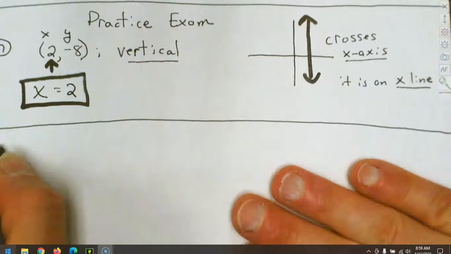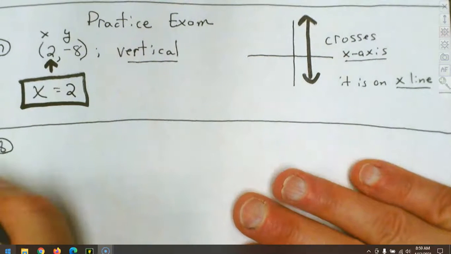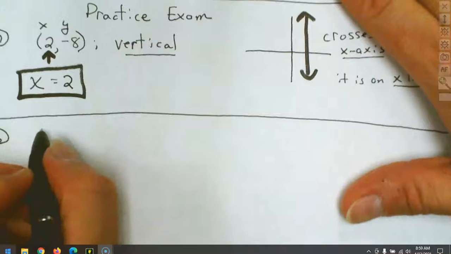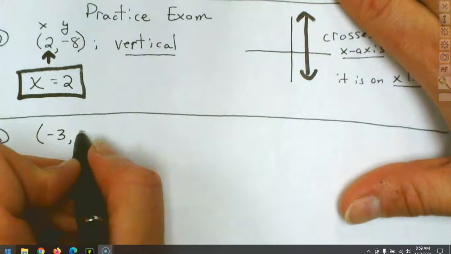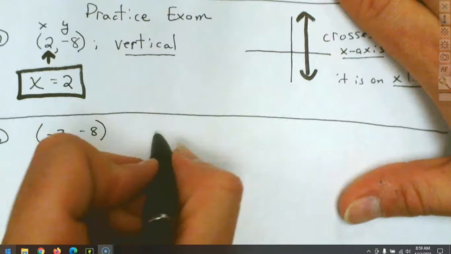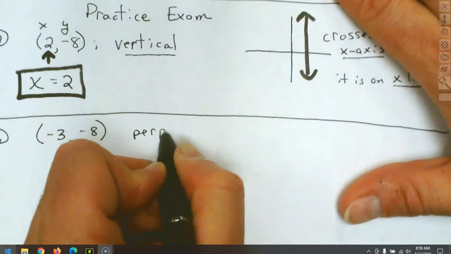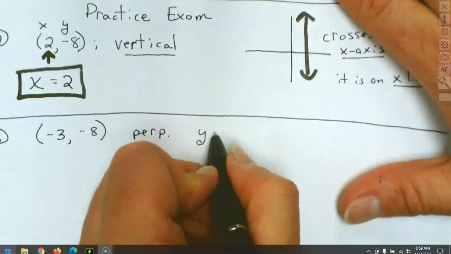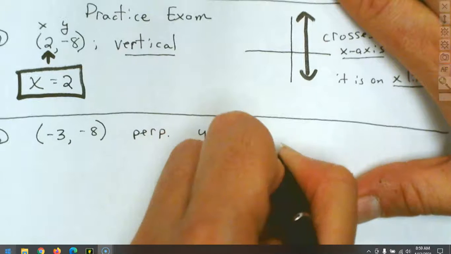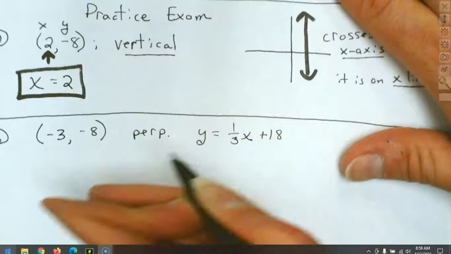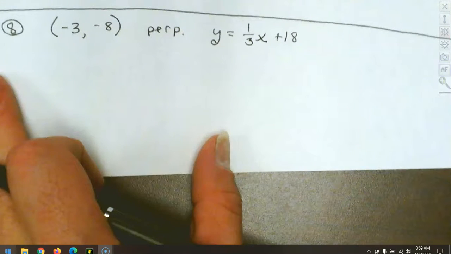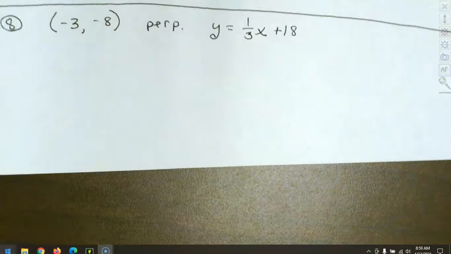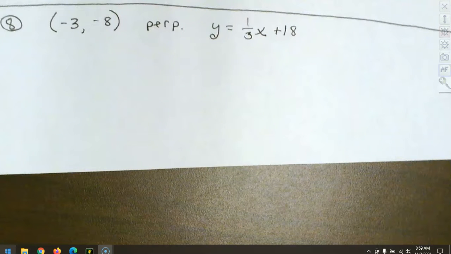Question 8. Question 8, we've got the point minus 3, minus 8. And we want it to be perpendicular to y equals 1/3 x plus 18. This is a commonly missed question just because of the algebra and the steps that are involved.